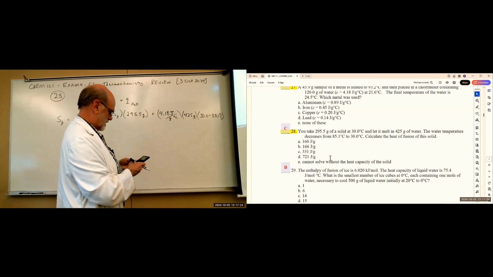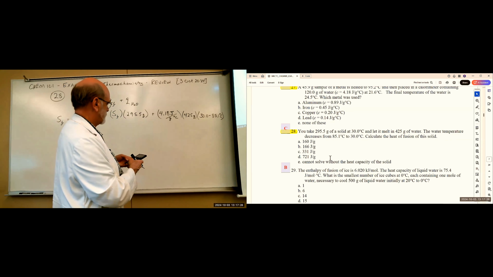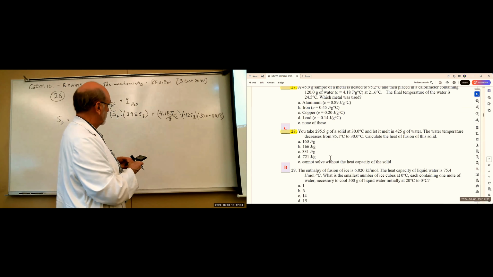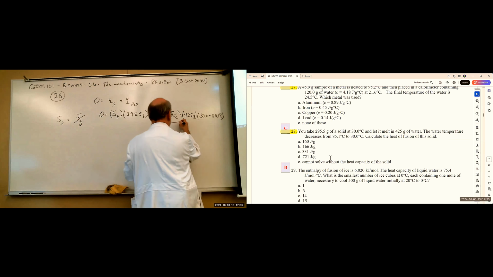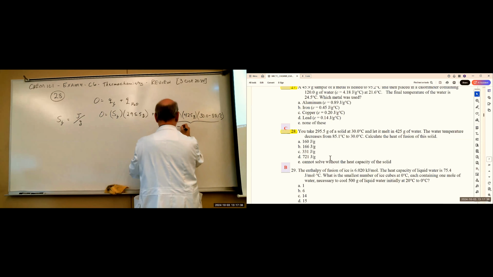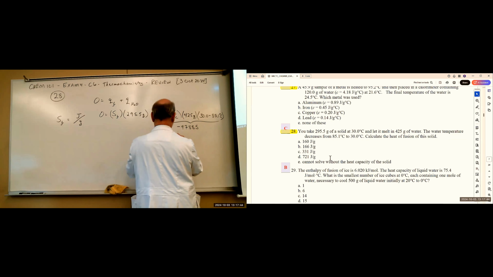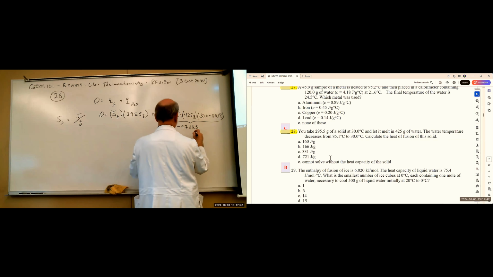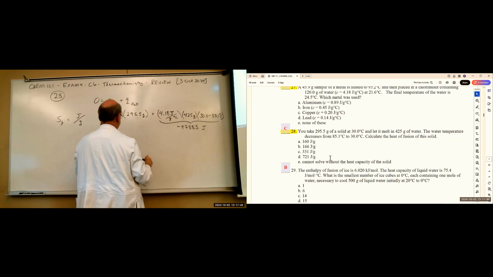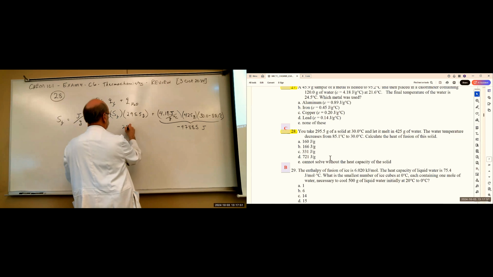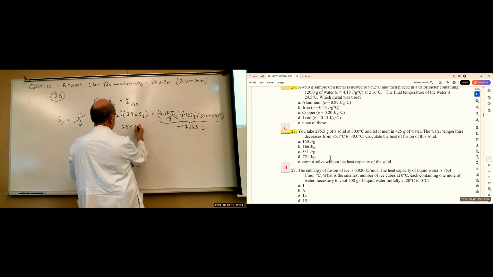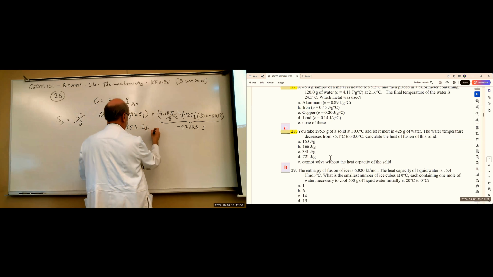Let's see, 30 minus 85.1 times 425 times 4.18. So this term right here is minus 97885 joules. And this one, of course, is 295.5 times SF.